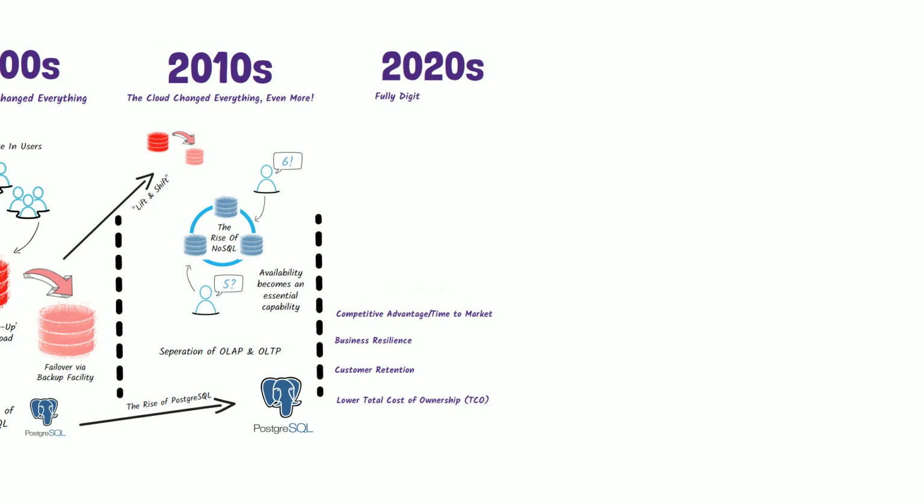So as we move into the 2020s, application developers are presented with a choice. Do you want the scalability and high availability of the NoSQL environment, or do you want the transactional integrity of the legacy monolithic relational database environment? But in life, when confronted with choices, we always want the best of all worlds, don't we?